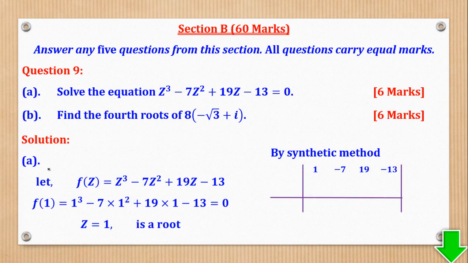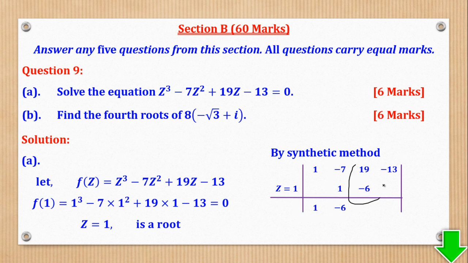I'll put the coefficients of this here. Then I put my z equal to 1 here. Then bring this one here down. Multiply this one by this and put it here, which is 1. Then add this to get -6, you put here. Now -6 times 1 gives you what to put here.